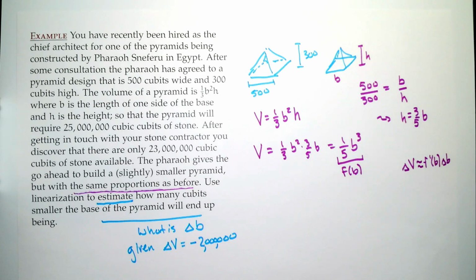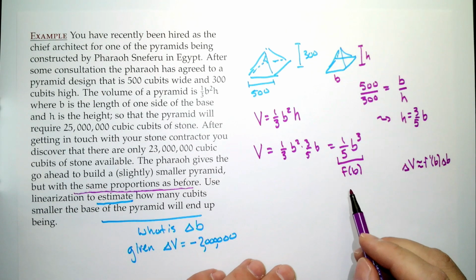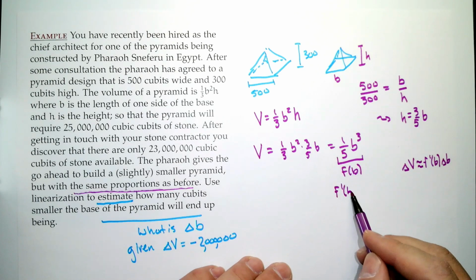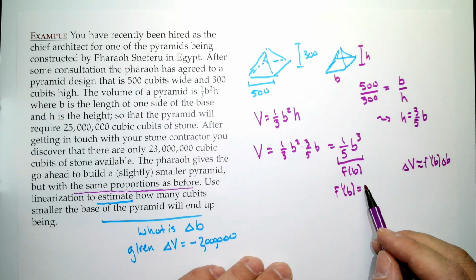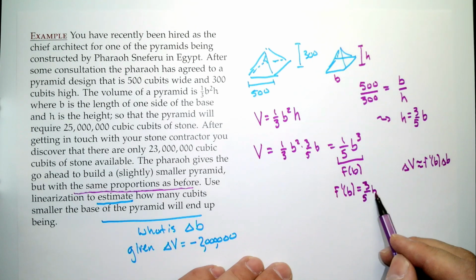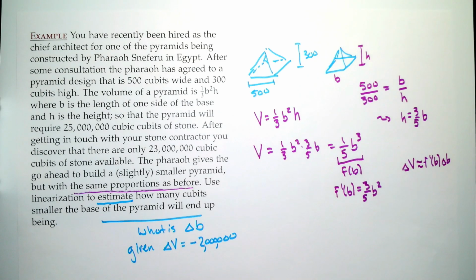So let's go through and work this out. What is our f prime of b? Yes, 3/5 b squared. Now, the question is which b do we use? Well, which b do we know?